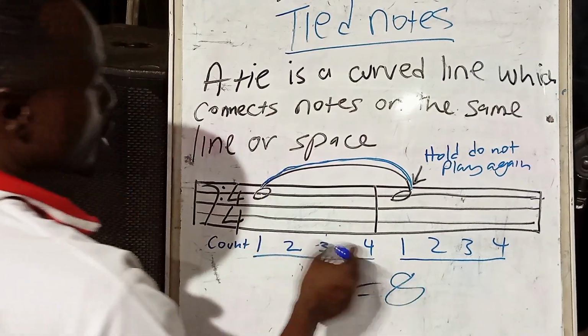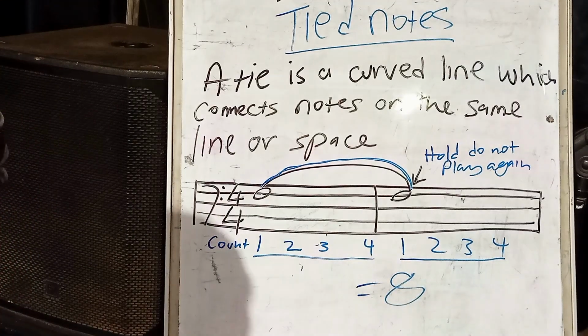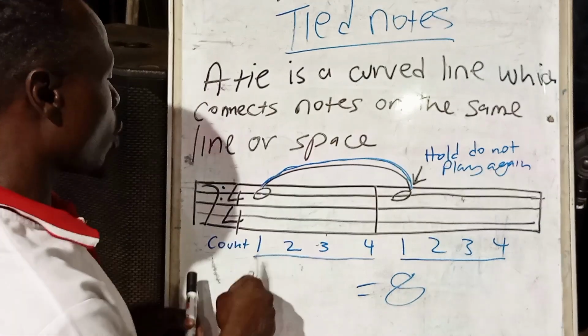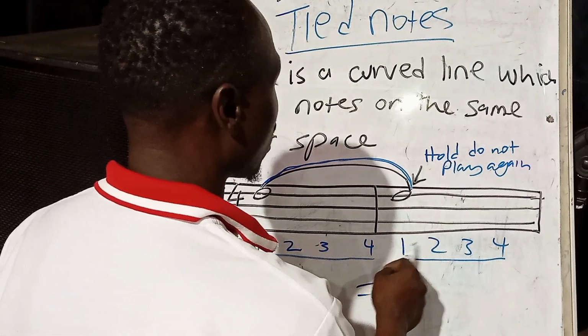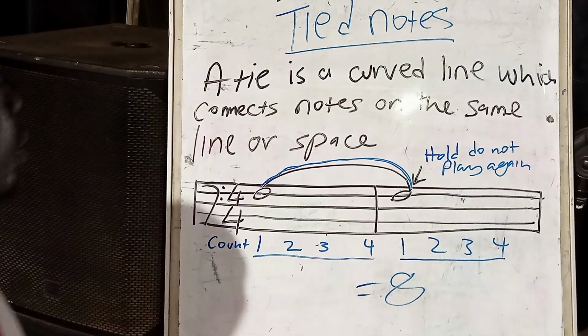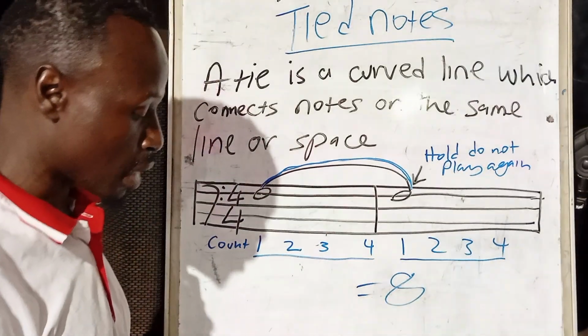So you hold this and count 8: 1, 2, 3, 4, 5, 6, 7, 8. You hold it for 8 counts, and that is how a tie works.